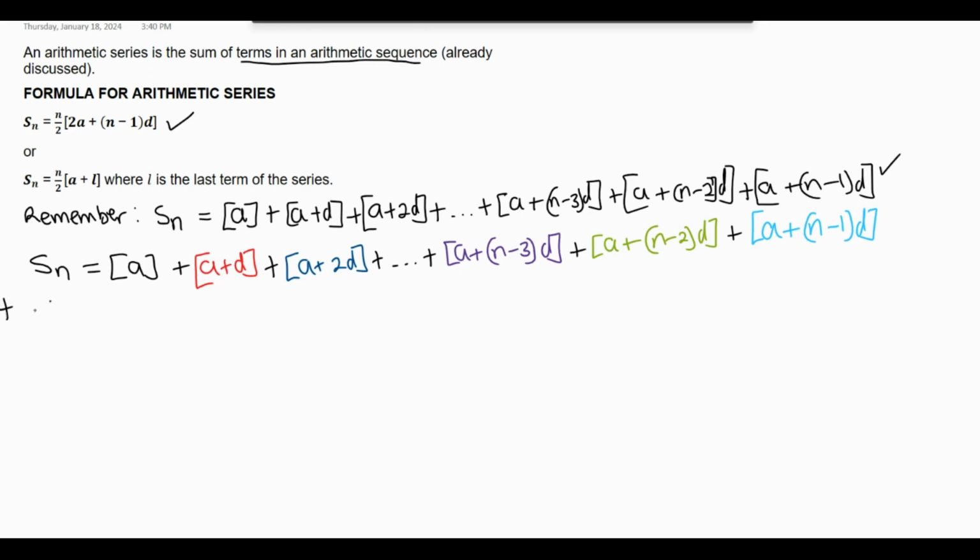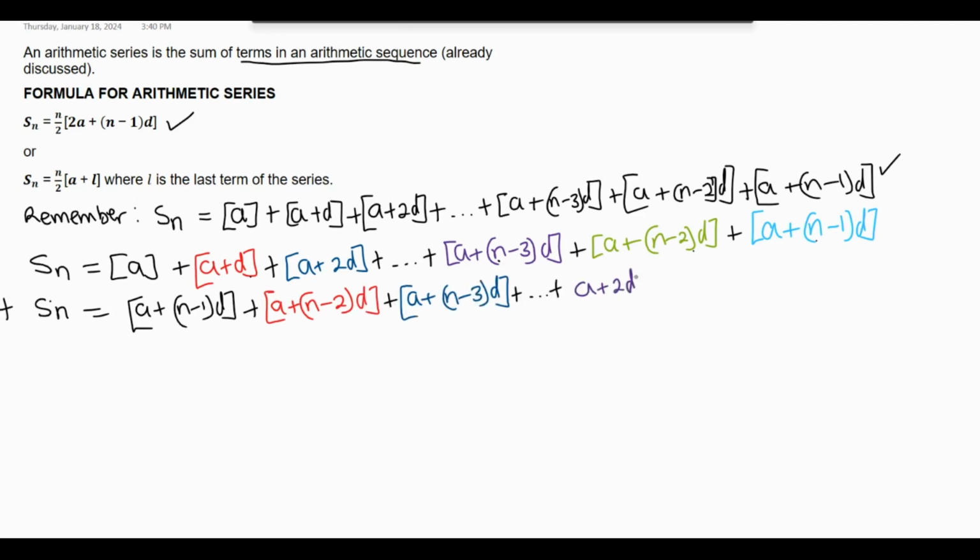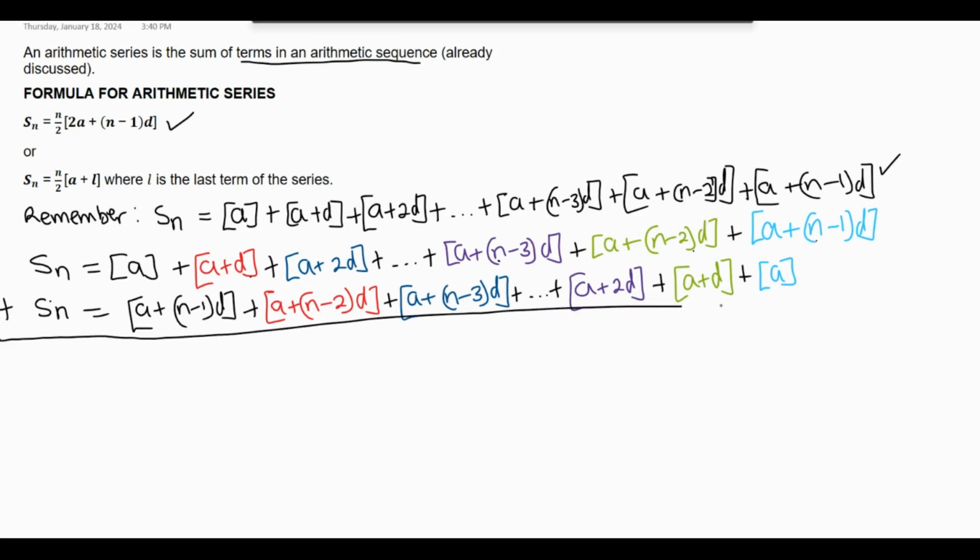We're adding plus Sn is equal to, and now you start with the last term. We write the series the other way around: we start with the last term, followed by the second last, third last, and then we go on till we get to the third, the second, and the first. Like this. So we're adding this and this.